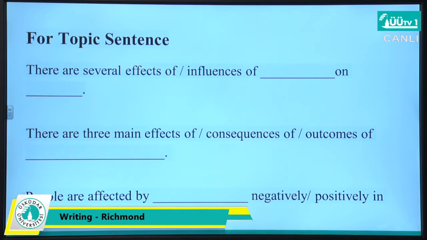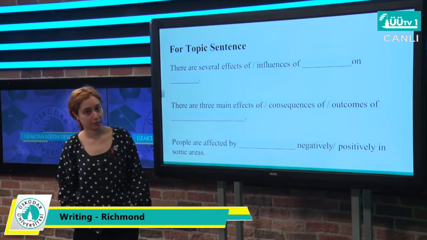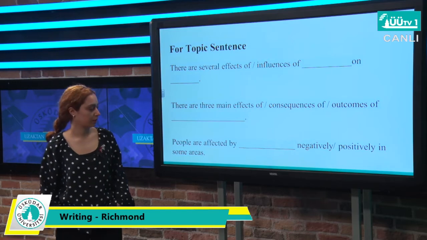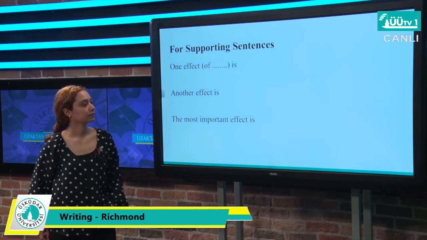And people are affected by, let's say, alcohol negatively or positively in some areas. So let's look at influence and effect. They are synonyms. And let's look at consequences and outcomes. They can also be synonyms.